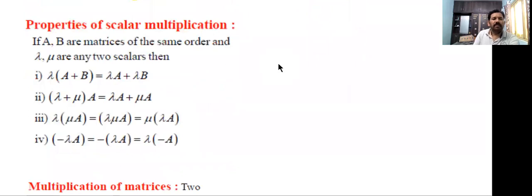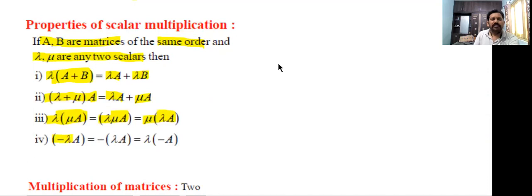Properties of scalar multiplication. A, B are two matrices of the same order, and lambda, mu are any two scalars. Lambda into (A plus B) is equal to lambda A plus lambda B. (Lambda plus mu) into A is equal to lambda A plus mu A. Lambda into (mu A) is equal to lambda mu A, which is equal to mu into (lambda A).